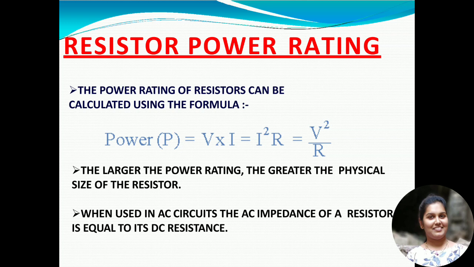Then we discussed what is meant by color coding, and finally we are concluding the session by knowing the power rating of any resistor and why we should know it. The size will describe the power rating of the resistor. With this we'll conclude the session for today, and in the next session we'll discuss other points relating to resistors.